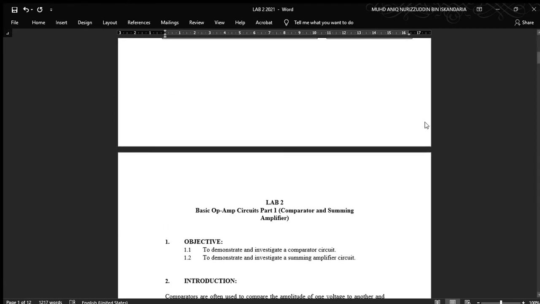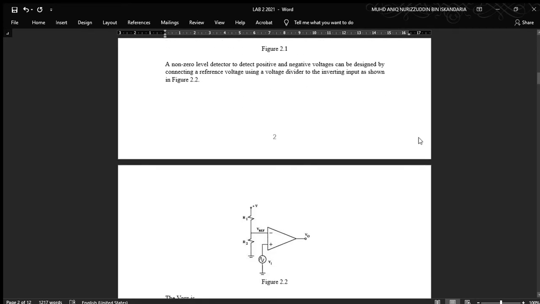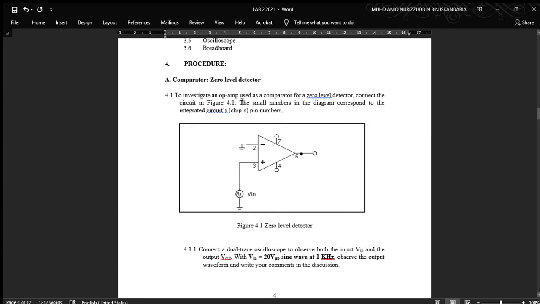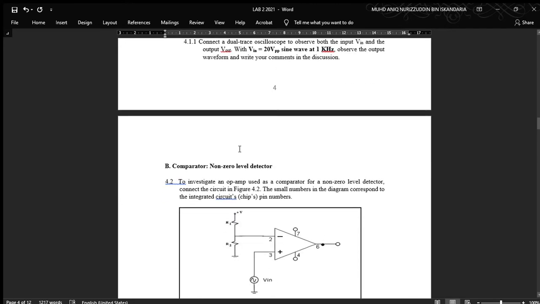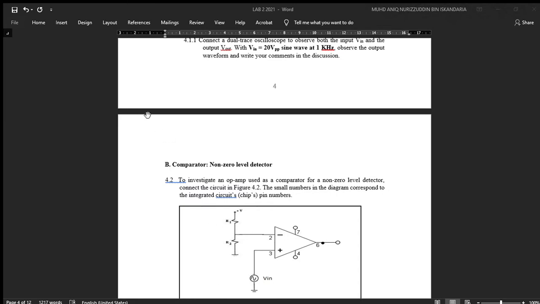For the comparator, today we will discuss the zero level detector and the non-zero level detector. For the zero level detector, we go to the circuit here.